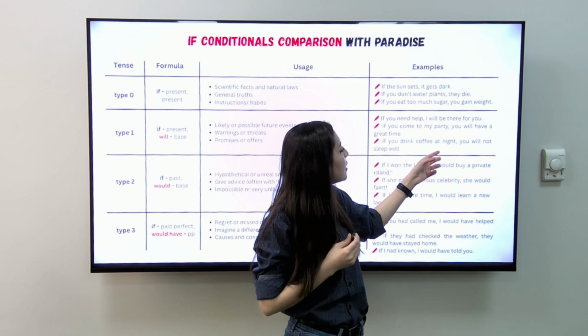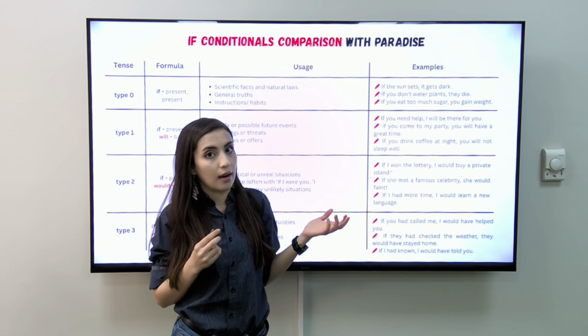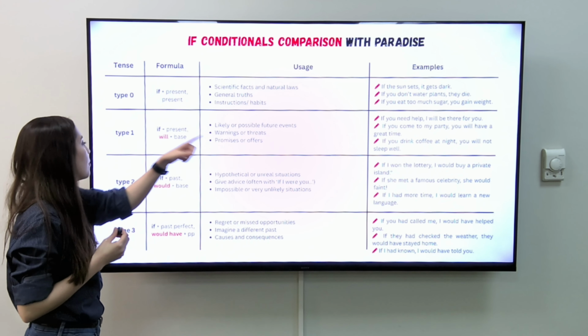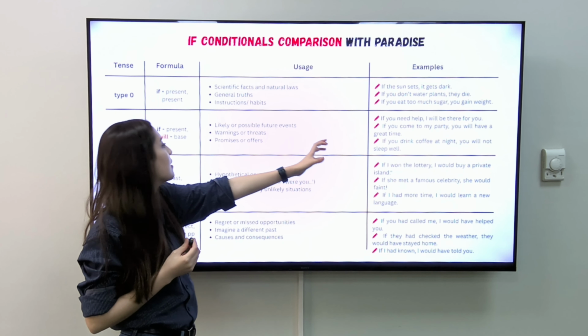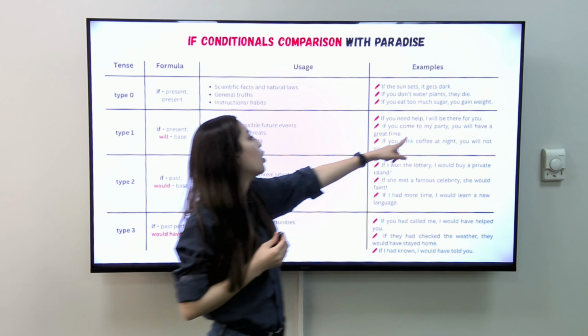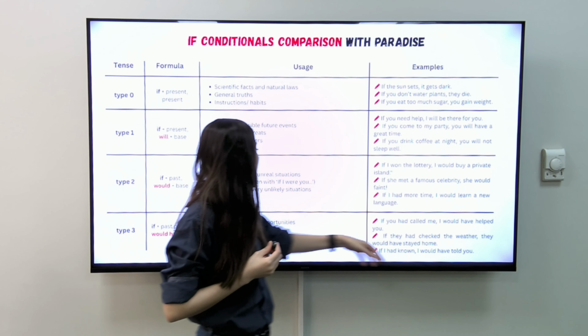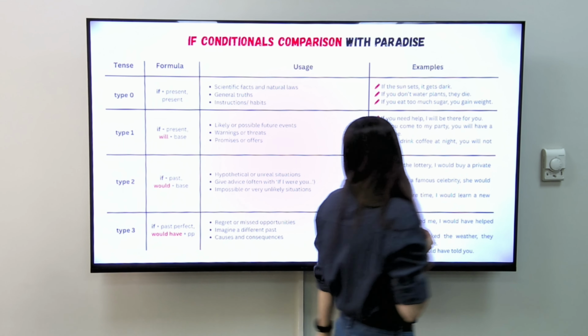If you drink coffee at night, you will not sleep well. It's clear. Okay? So this was type 1. You see, if plus simple present, and in the next part we have will plus base form. You see? The next one was if plus past.